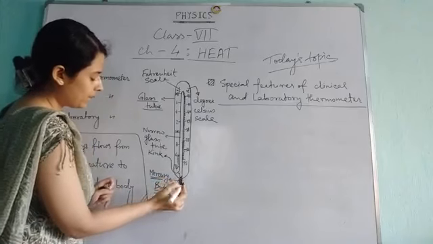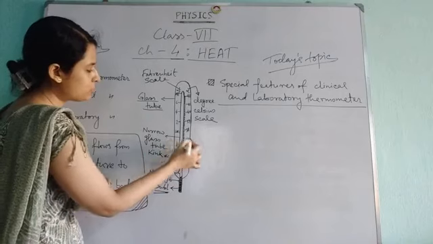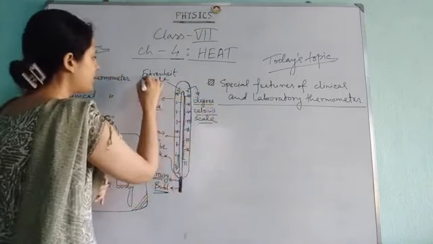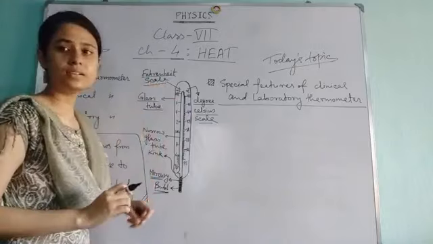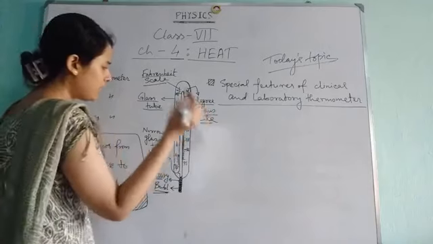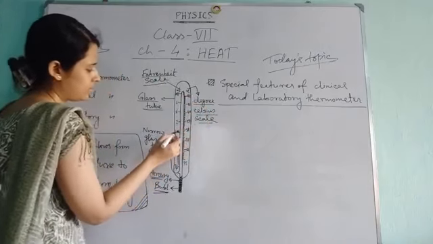Then you can see on both sides I have two scales. Here this is the degree Celsius scale and here it is the Fahrenheit scale. Okay, so generally you can see this 100.